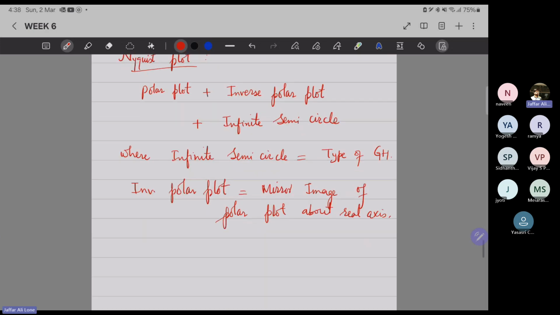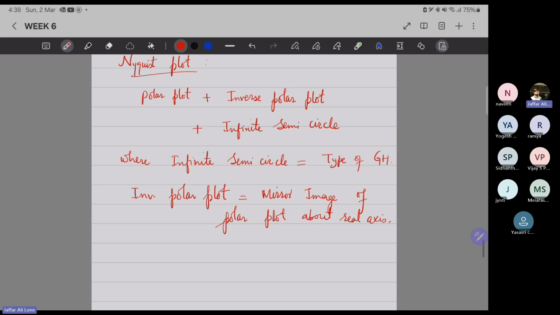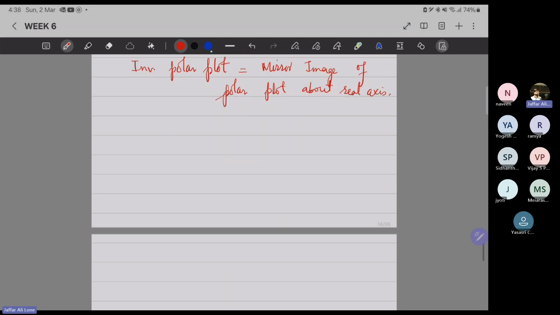So if you have to make a Nyquist plot, you will make the polar plot, then the inverse polar plot, and then the infinite semicircle, where the number of semicircles you have to make is given by the type of GH. This will be explained with some problems. Let's take a problem.